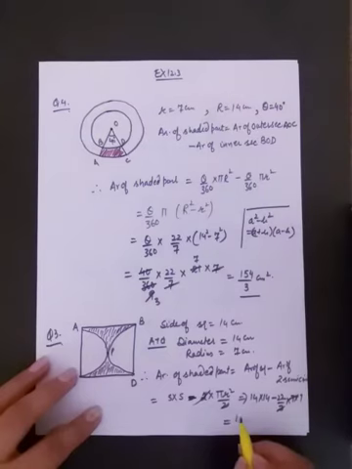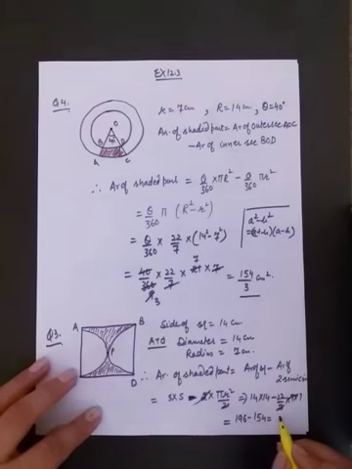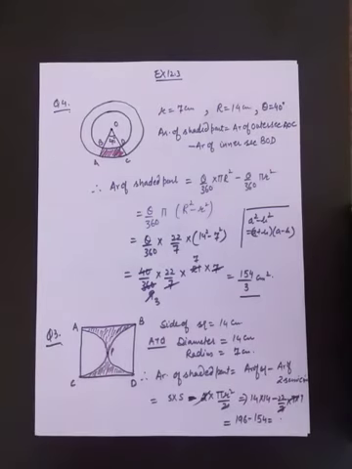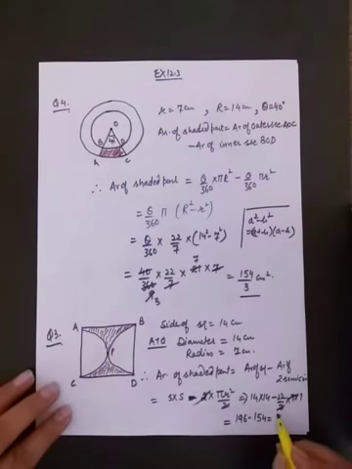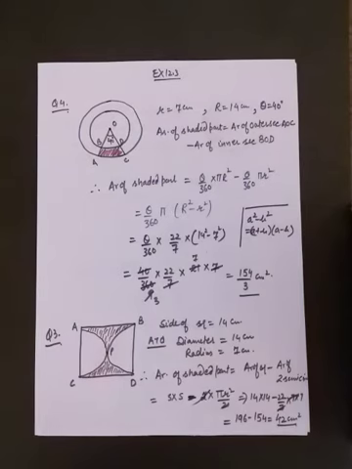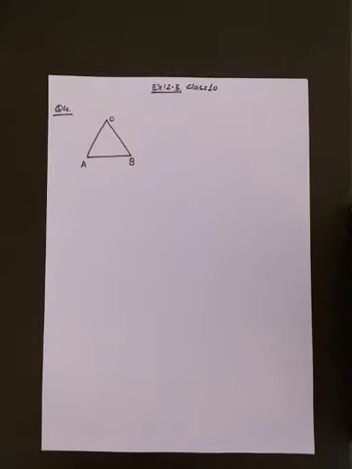And we will get 196 minus 154 and it will be equal to 42 centimeter square. This is the solution of this question. Next question. Question number 4.